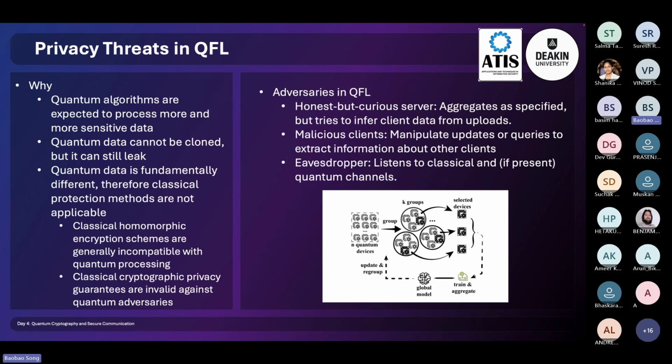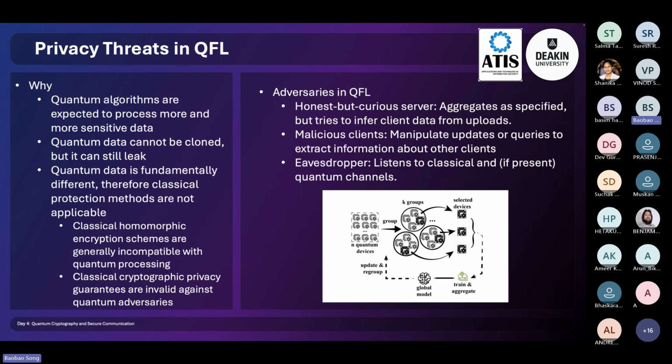So the key part is the superposition, the properties of the quantum. So quantum algorithms or quantum models are expected to have high speed and to process more data than classical machine learning. So that is the first reason.